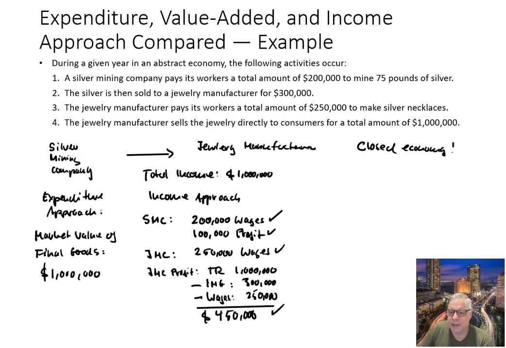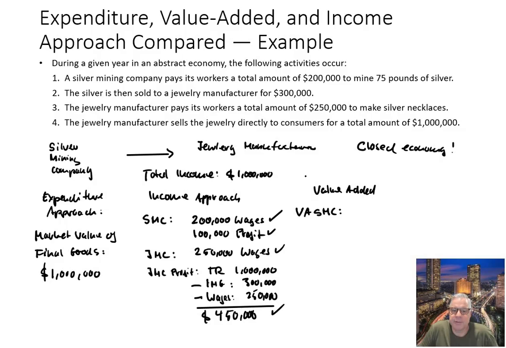Okay, so next we do the value added approach. Let's take a look at the value added of the silver mining company. I call that value added silver mining company. The value added is total revenue minus the cost of the intermediate goods.